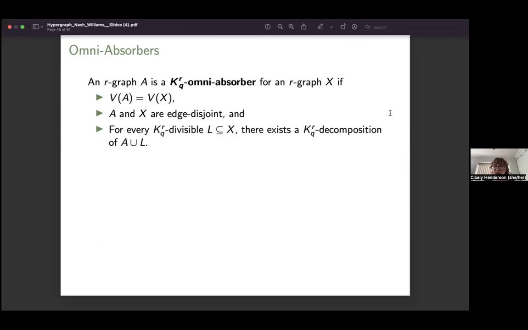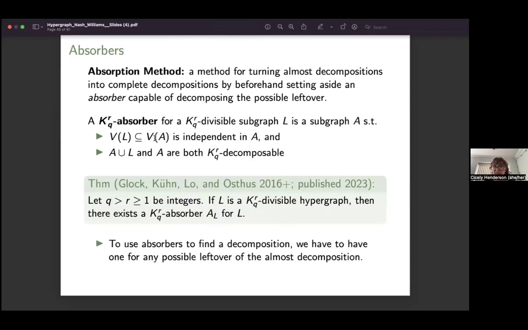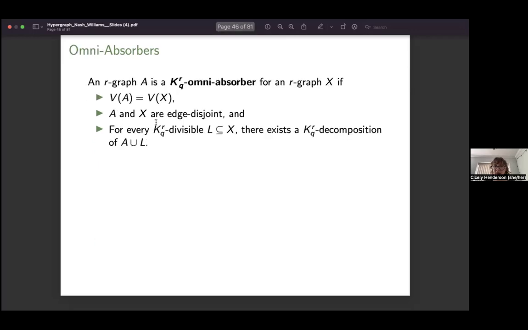An R graph A is a KQR omni-absorber for an R graph X if the vertex sets are equal and A and X are edge disjoint. So that's analogous to the vertex set of L being independent in A. Fine. And here's where it's stronger.